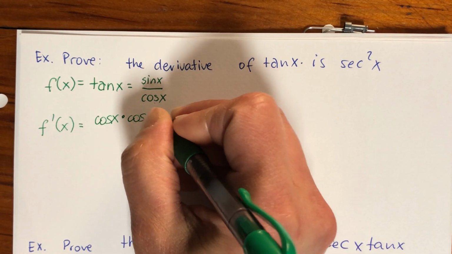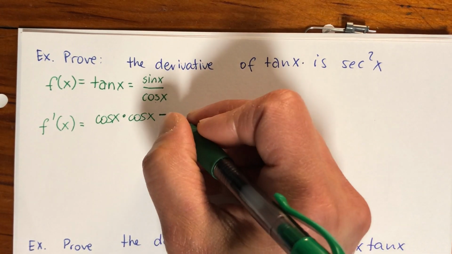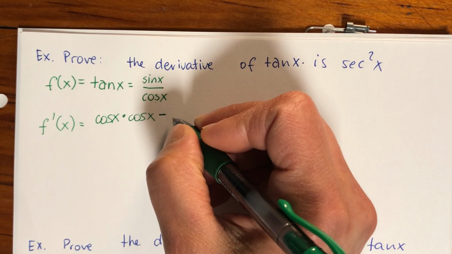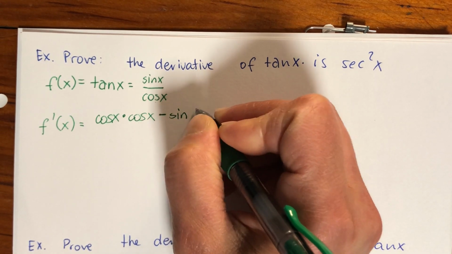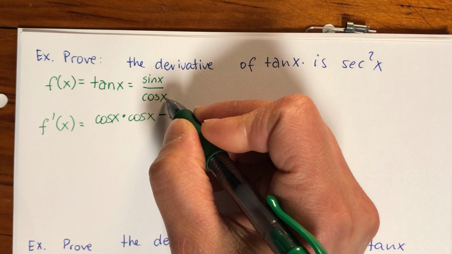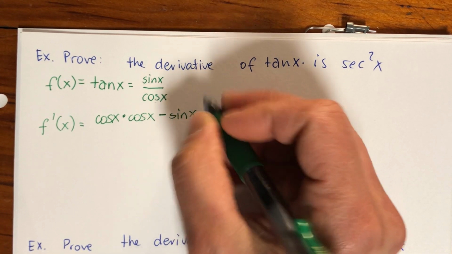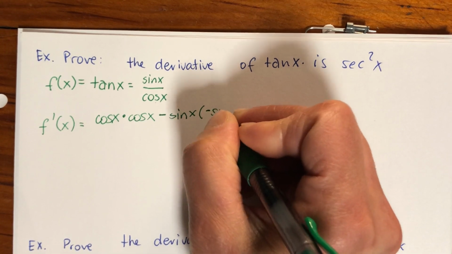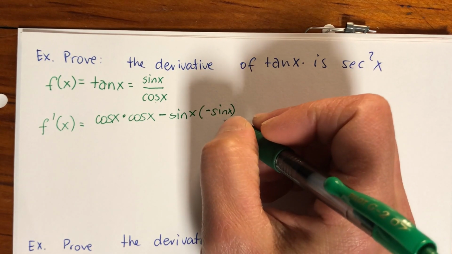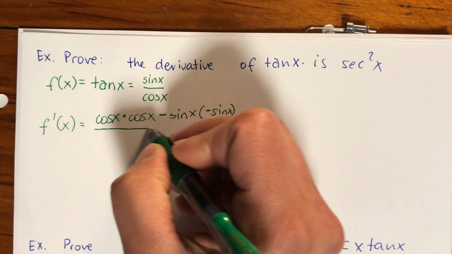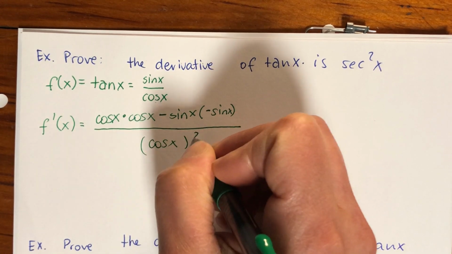Then you will have minus sine times sine. And we do know from the formula paper that the derivative of cosine is negative sine of x. You will prove that this is in fact a true statement as your homework assignment. And we are going to divide it by cosine of x squared.